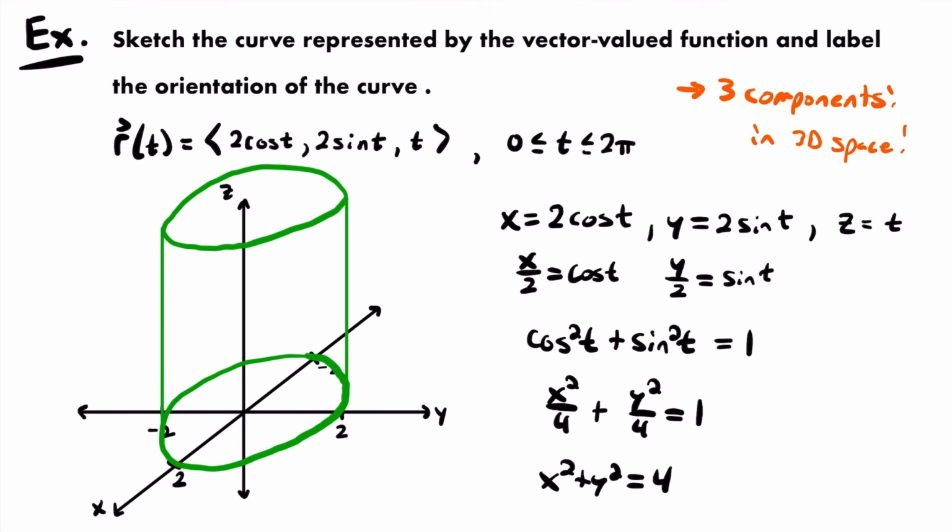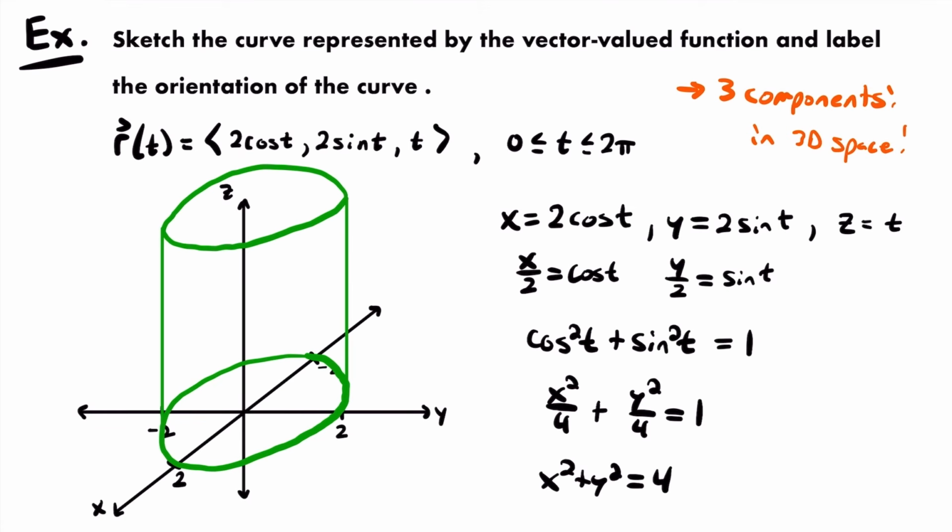All right, so what we have here is a cylinder for which our space curve is going to travel along. The cylinder itself is not the space curve, it's just going to contain it. All right, just like with our example with a plane curve, we first drew the parabola that would contain the plane curve. It's the same idea here. We are drawing a surface that is going to contain the space curve.